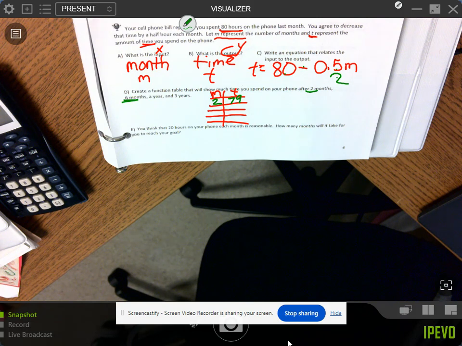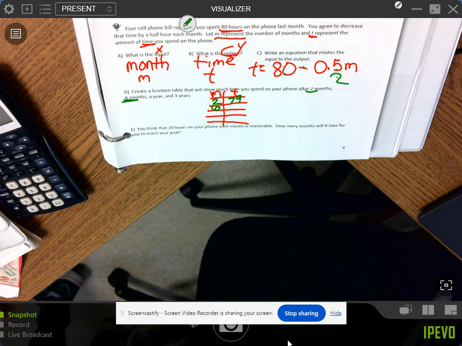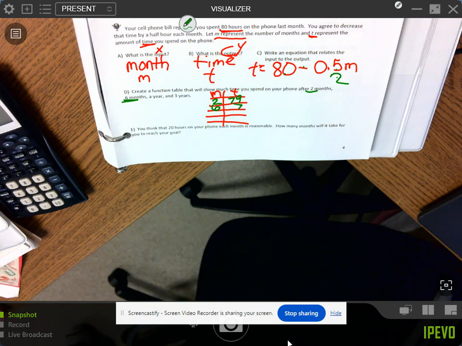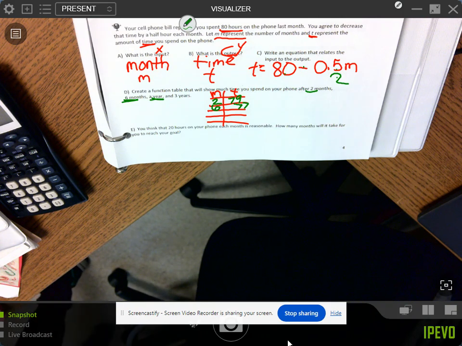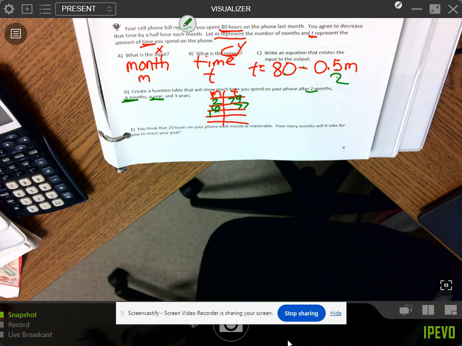My next input is 6 months. After 6 months, how much time am I spending on the phone? Kaylin? 77 hours on the phone. What do I put in for a year? 12 months, because we have to keep it in months.